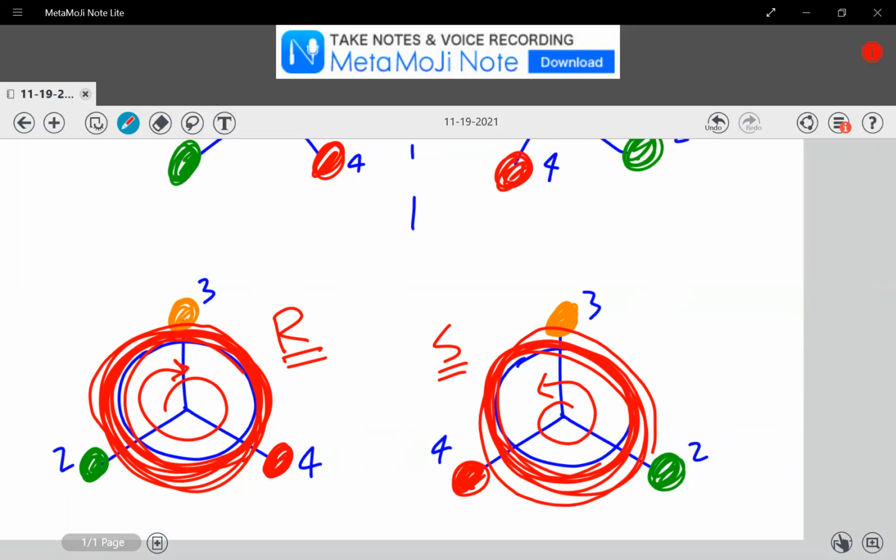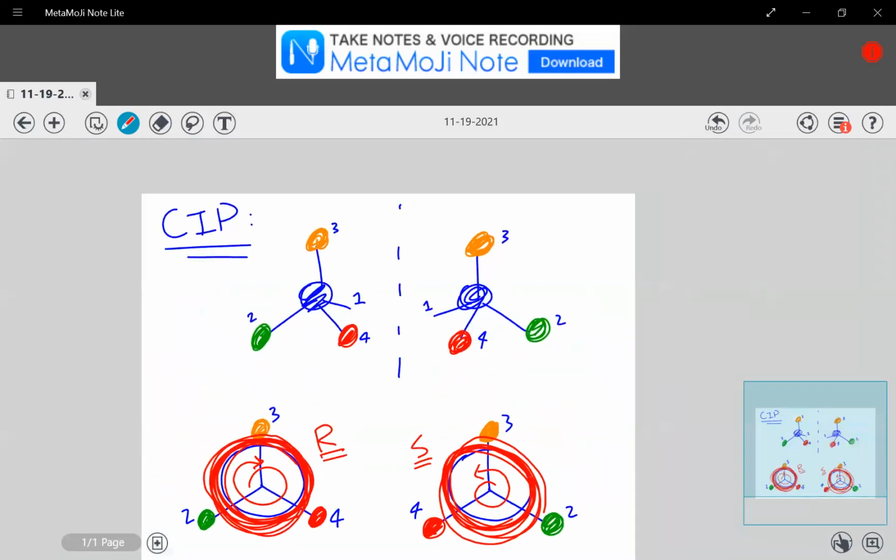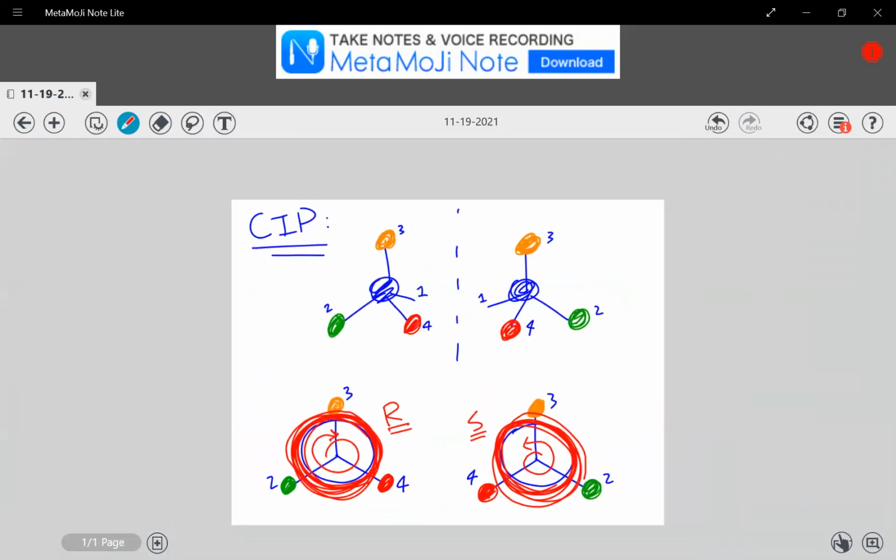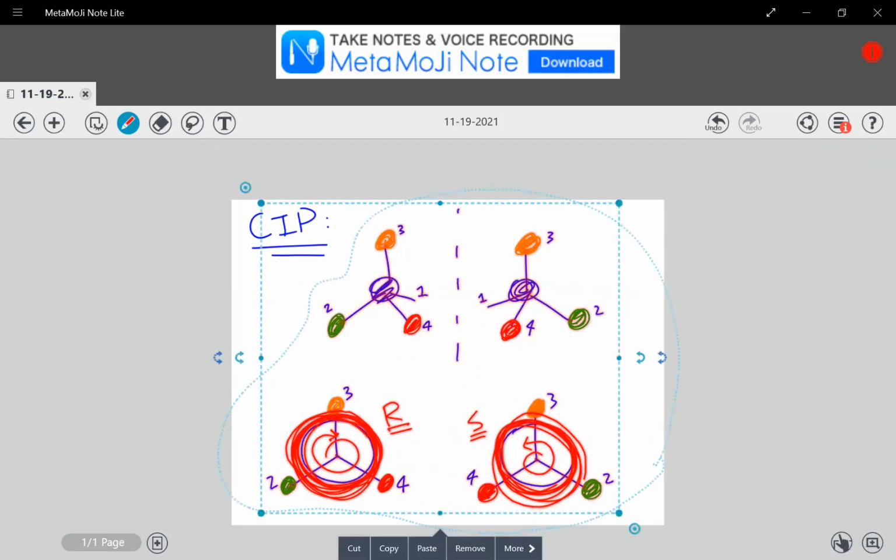And that's pretty much R and S, CIP, but now I gotta do it for chemistry and not colors. But it's the same idea, except instead of ordering things by the classic rainbow order, you're ordering things by their atomic mass. But this can get kind of tricky real fast.